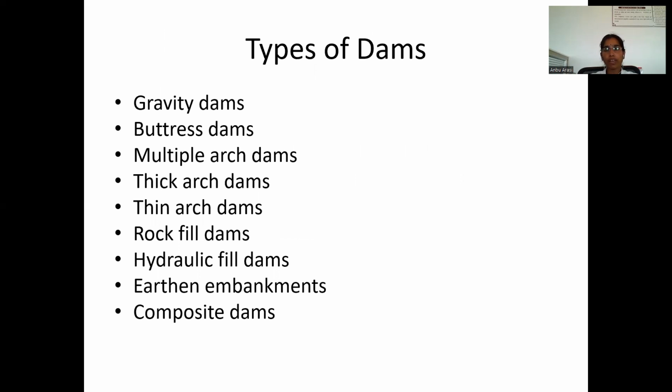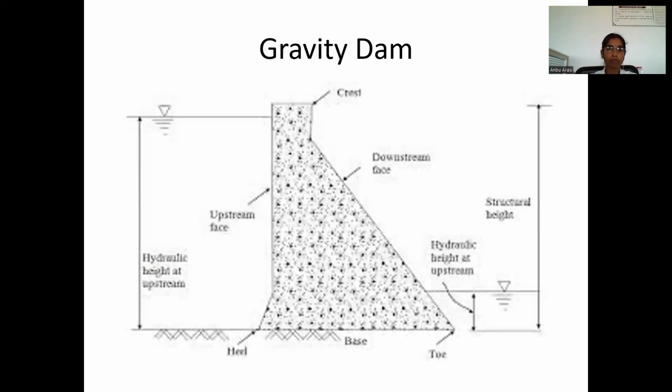What are the types of dams available? Like gravity dam, buttress dam, multiple arch dam, thick arch dam, thin arch dam, rock fill dam, hydraulic fill dam, earthen embankment, and composite dam. First, gravity dam. In a dam, this is the upstream side where the water is stored in huge quantity.